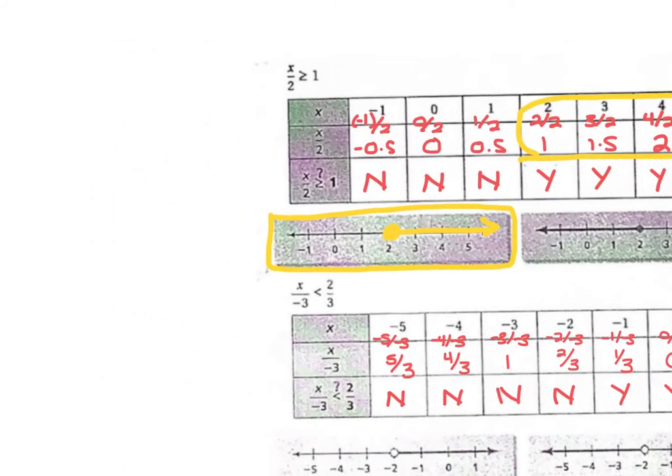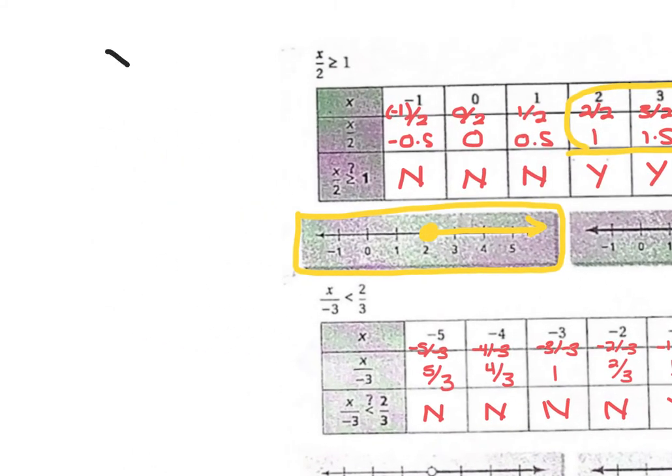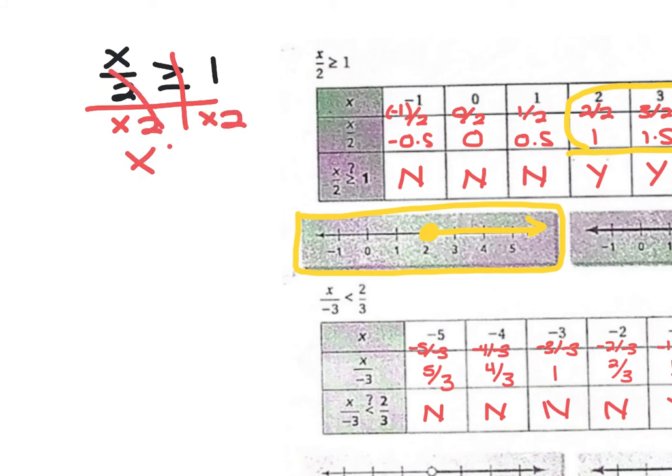Now let's look to solve it as an equation. My inverse operation to division is to multiply both sides by 2. That'll cancel that out, and that gives me x is greater than or equal to 2, which is the same thing that we had here, making a true statement.